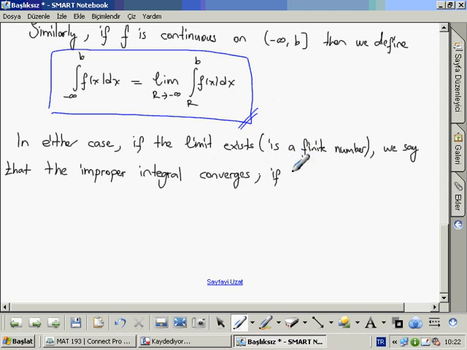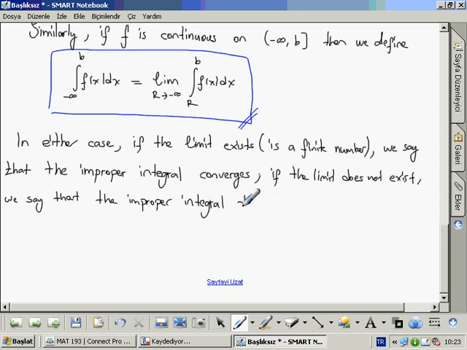If the limit does not exist, that means it is an infinite number, we say that the improper integral diverges. Underline these two words.